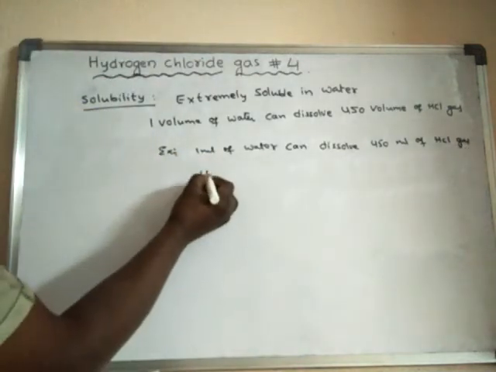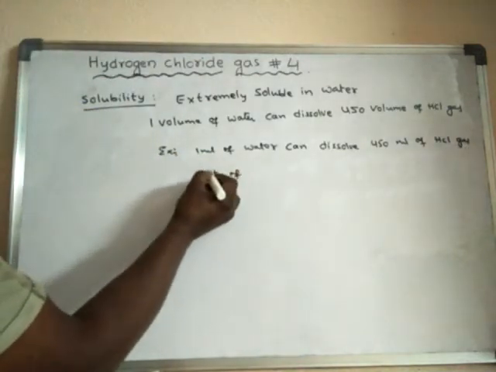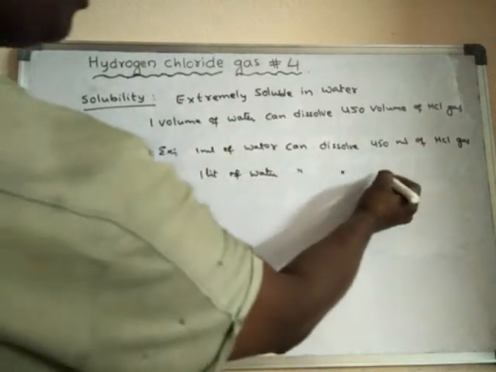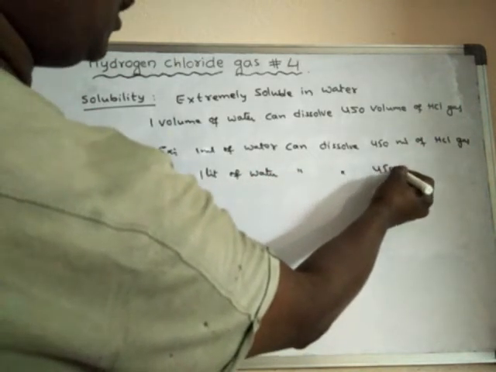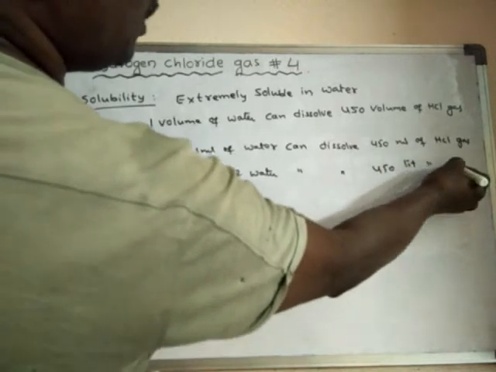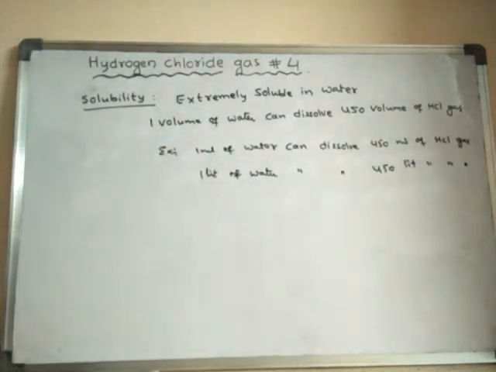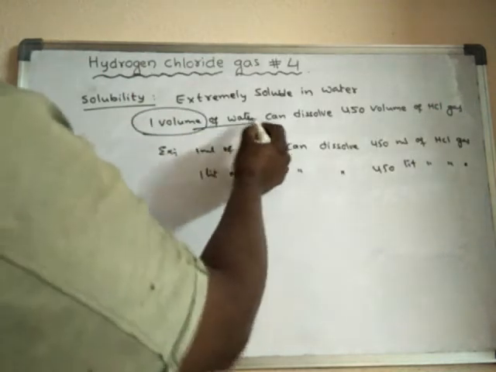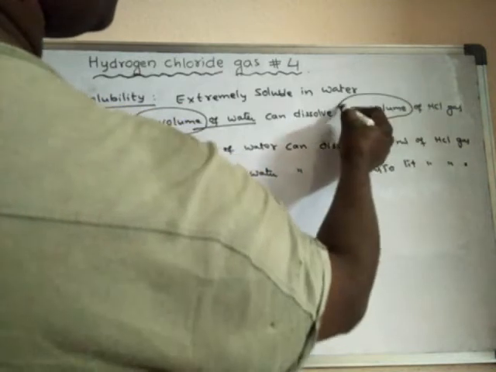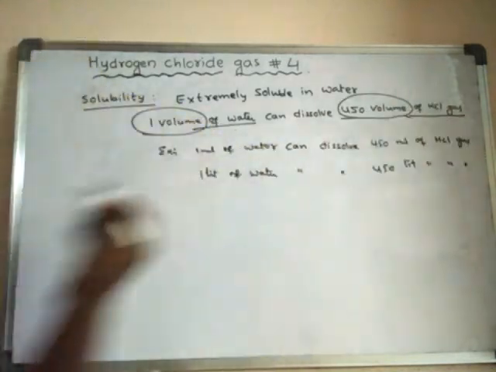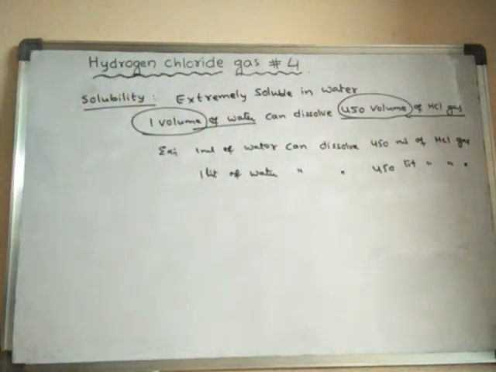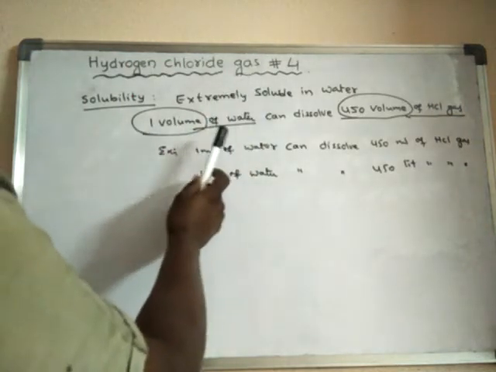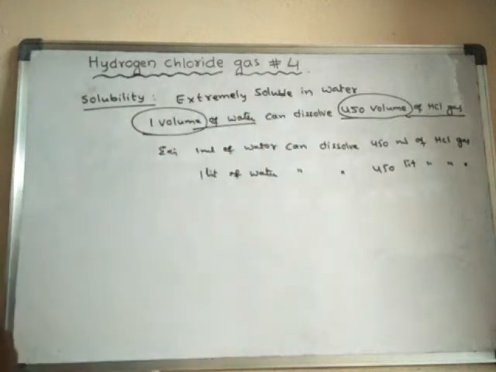Suppose it is 1 liter of water, it can dissolve 450 liters of HCl gas. So like this, that means every one volume of water can dissolve 450 volumes of HCl gas. That is why HCl gas is said to be extremely soluble in water.